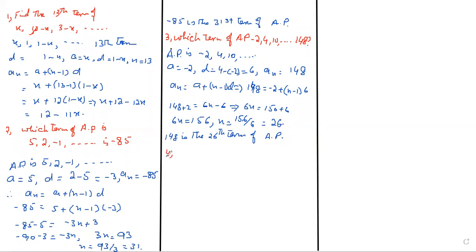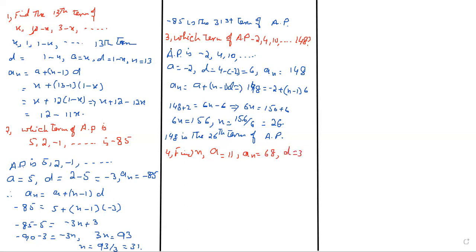Find the number of terms in the AP, the same question. Now we have to find the value of n, in which a1 is 11, the first term is 11, and an is 68, and the value of d is 3.